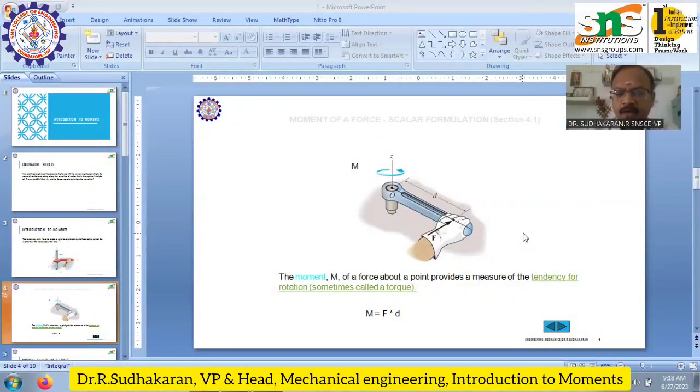It is the magnitude of the force that is being applied, multiplied by the perpendicular distance from the point where the moment is applied. That gives you the moment of a force.